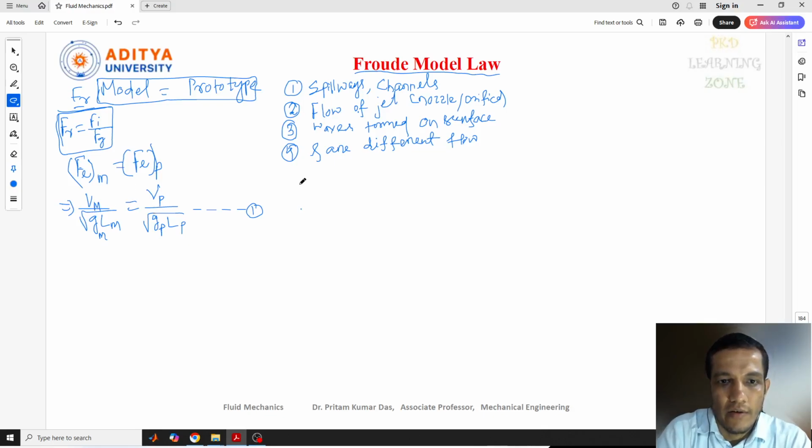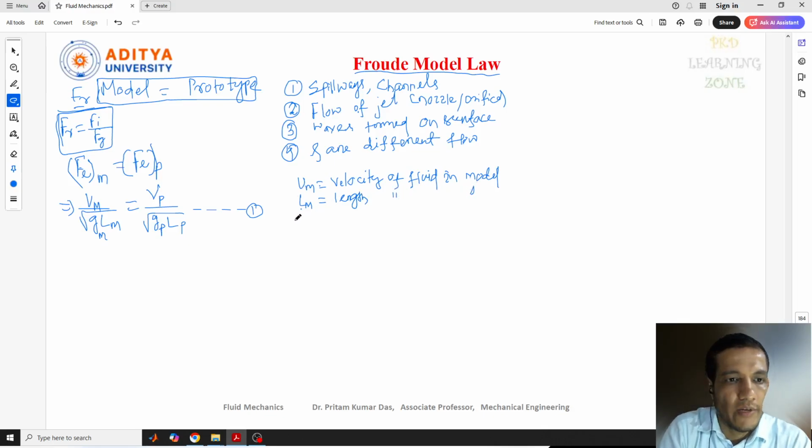Here I can write this, Vm equals the velocity of the fluid in the model. And similarly we can consider Lm, the linear dimension, or we can say length of the model.